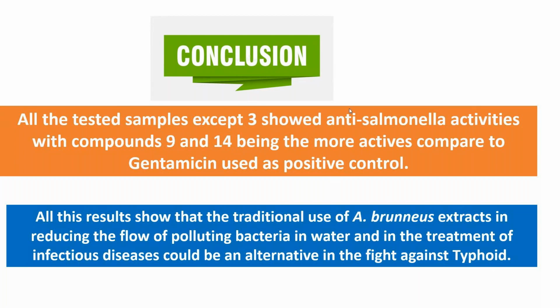In conclusion, all the tested samples except compound 3 show anti-salmonella activities, with compounds 9 and 14 being the most active compared to gentamicin used as positive control. All these results show that the traditional use of Agelanthus brunneus extract in reducing the flow of polluting bacteria in water and in the treatment of infectious diseases could be an alternative in the fight against typhoid.